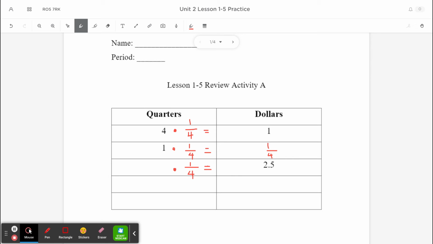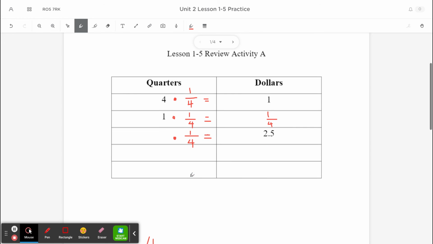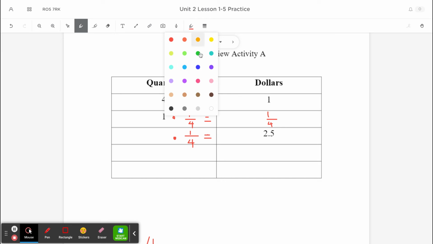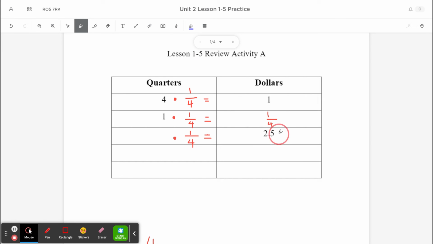That means that 1/4 of this number is $2.50. Another way to think about it is that 2.5 times 4 will be equal to this number here in the ratio table. And of course, 2.5 times 4 is 10.